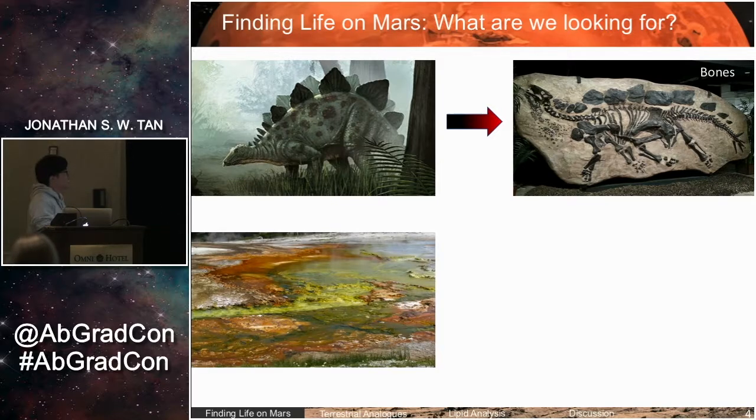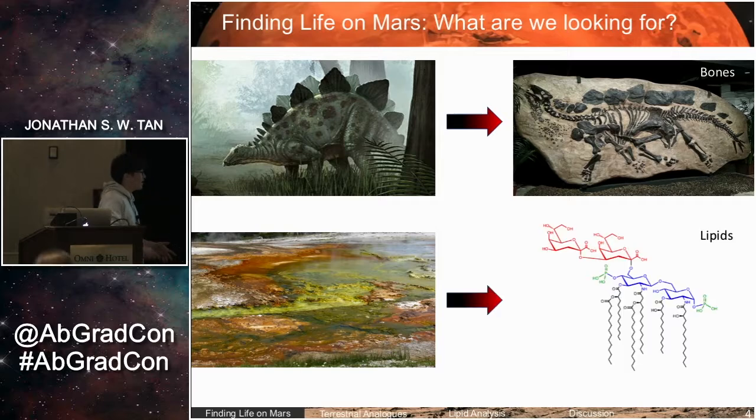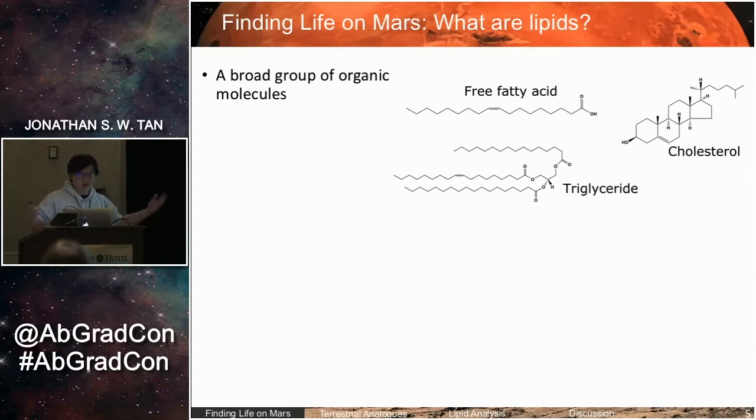So similarly, when we look at microbial mats on Mars, which is what we think would have been the most evolved life on Mars, we look at lipids. You guys already know what lipids are because Bradley told you, but essentially they are fatty acids.